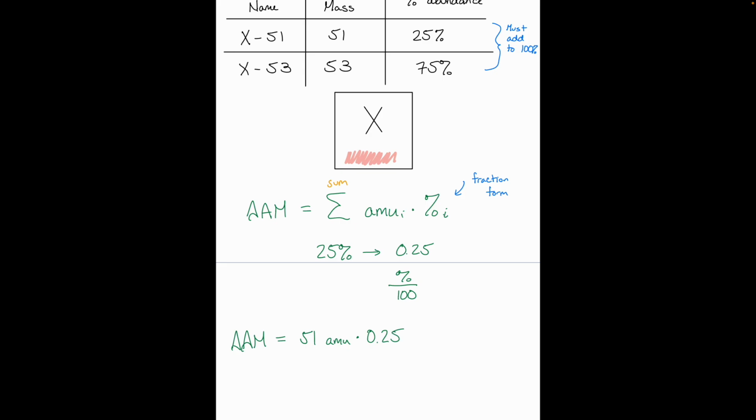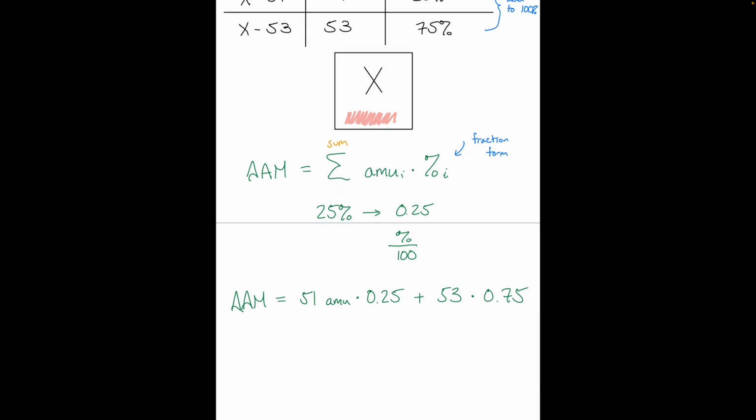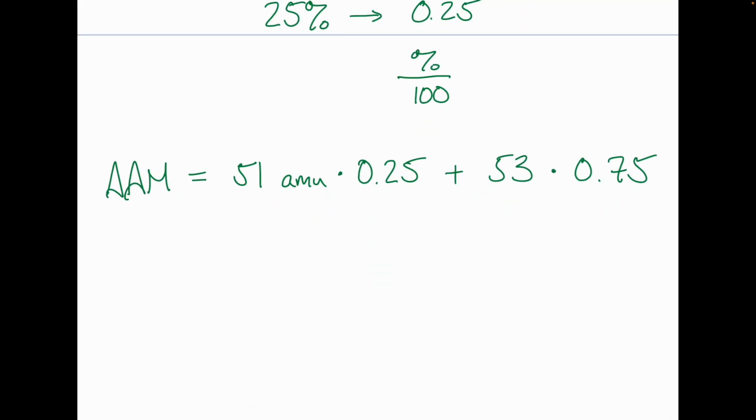So now I'm going to say plus the mass of that isotope, 53, times the 0.75. Okay, and if we punch that all into our calculator, the average atomic mass would be 52.5.